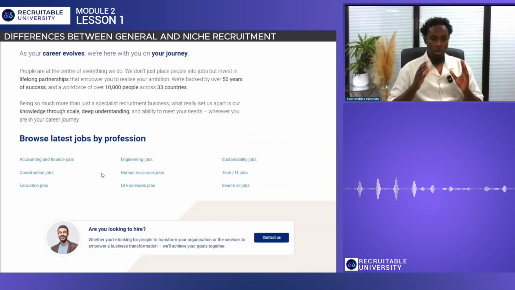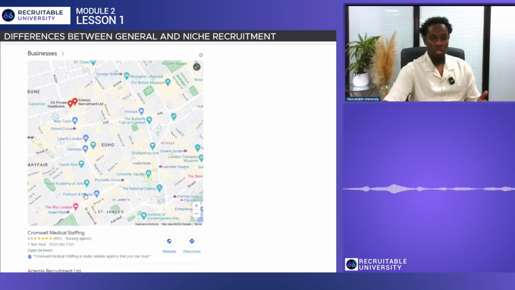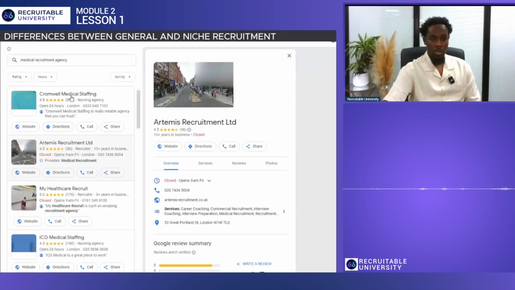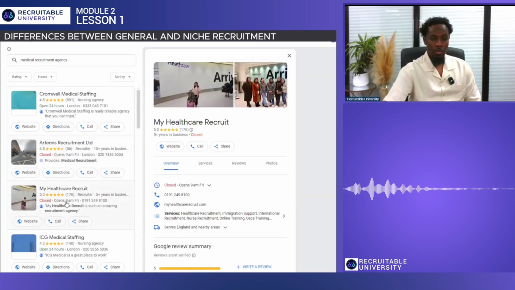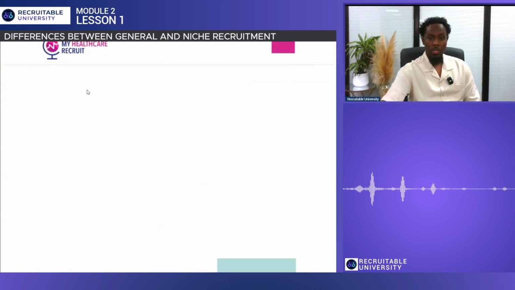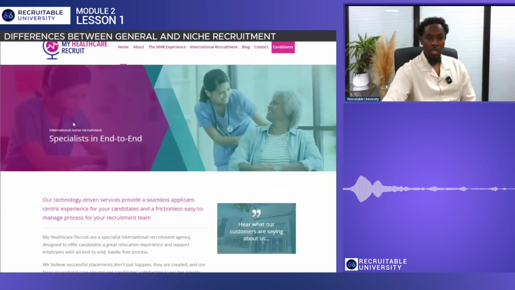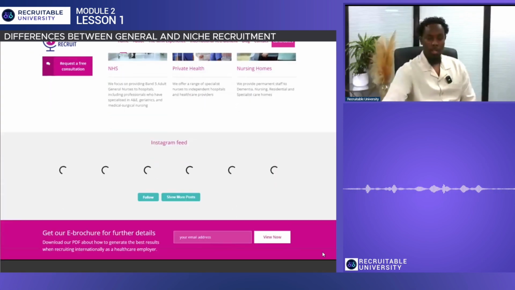They don't just focus on a specific niche, as opposed to if we go into medical recruitment agencies. Let's just select any of them here. We've got Cromwell Medical Staffing, not heard of them, or My Healthcare Recruitment. If we go on their website, we'll notice that these guys are specialists in healthcare.